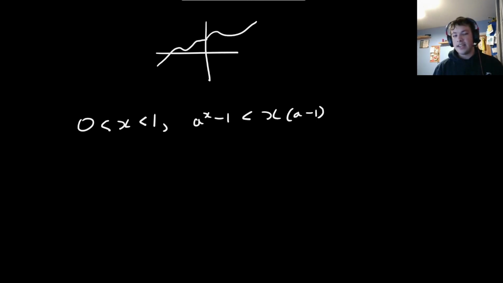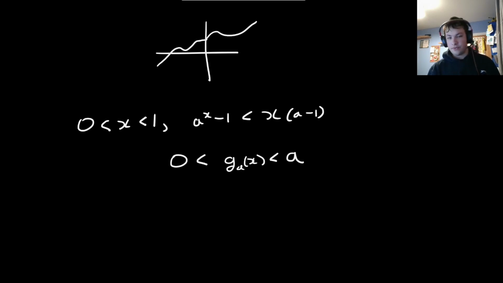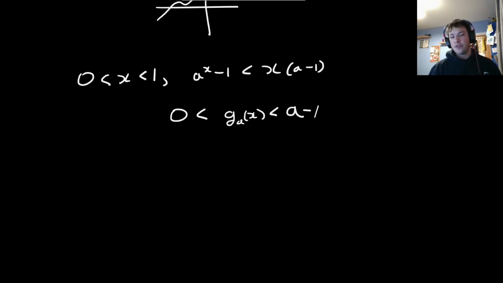And so that means that 0 is less than GA of x is less than a minus 1 here, because we cancel the x on the top and bottom, we subtract off the 1s and whatever, we get this.